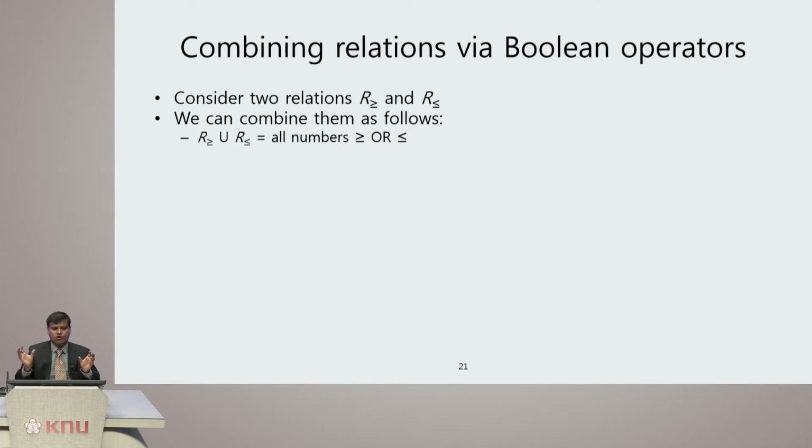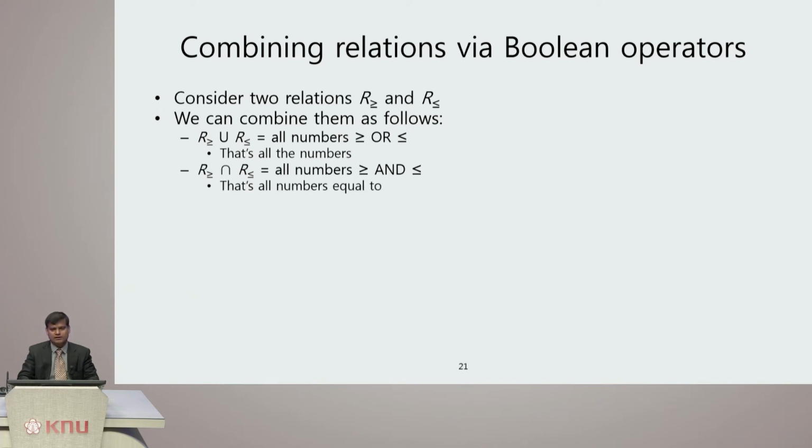The equivalent Boolean operation is OR. And when you use the intersection of these 2 relations, you can use AND as the Boolean operator: greater than or equal to and less than or equal to.